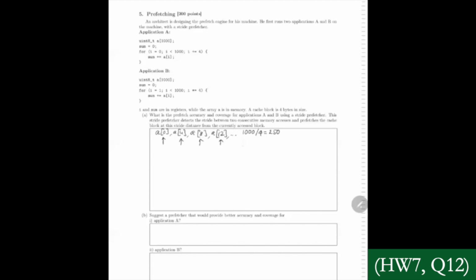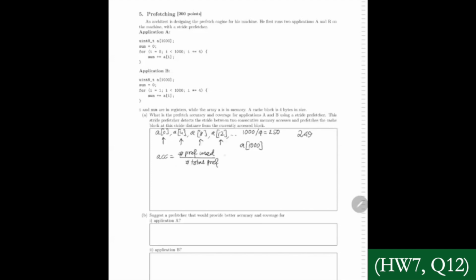In fact, the prefetcher would prefetch the cache line A1000 also, which would not be required by the program. So in total, the prefetcher would generate 249 prefetches. As per the formula, we know the accuracy of a prefetcher is the number of prefetches which are used by the program divided by the total number of prefetches.